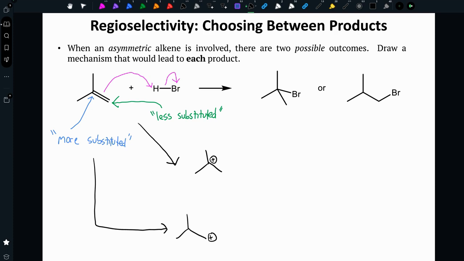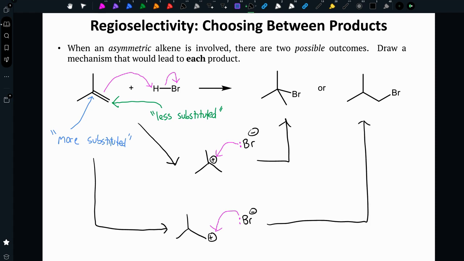If I put it on the less substituted carbon, it would look like that. And notice I could take either of those carbocations, and I know that they are going to react with the first nucleophile they see, which in this case will be bromide. And those two pathways give me two different products.